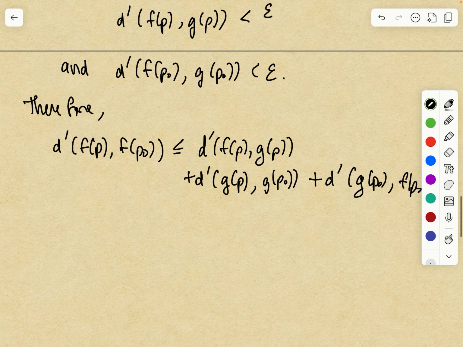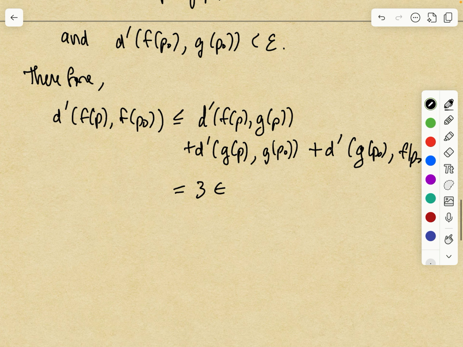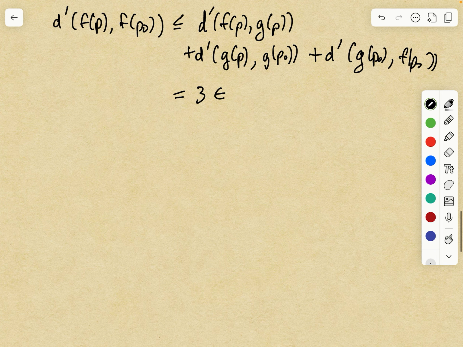And each of these is bounded by epsilon, and so the sum of these three things is bounded by 3 epsilon. Actually, each of these things is less than epsilon, so the sum is less than 3 epsilon.